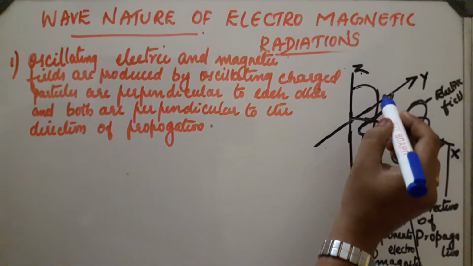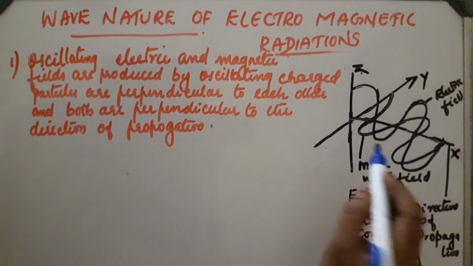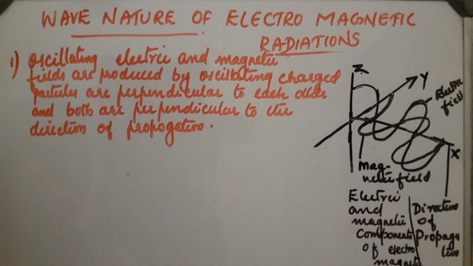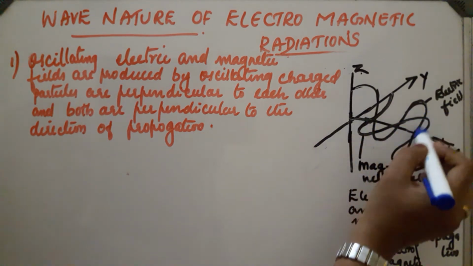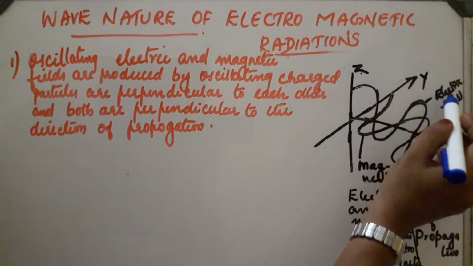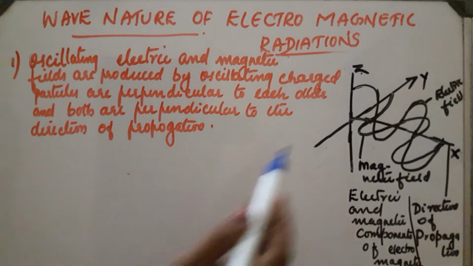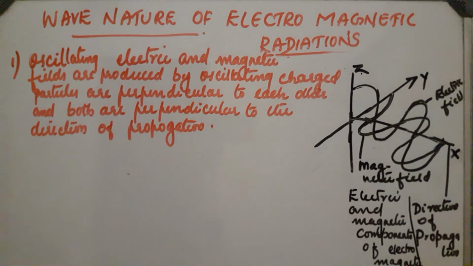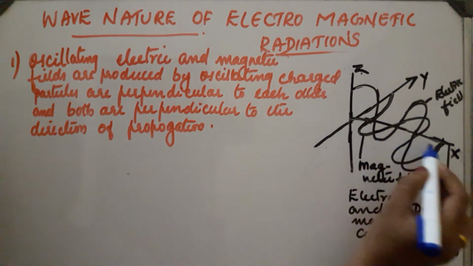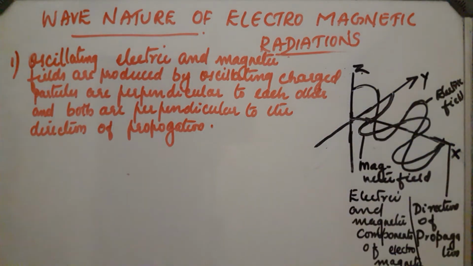From this figure we can see that the y-axis represents one component, and the z-axis represents the other, the electric field and the magnetic field, which means they are perpendicular to each other. Also the direction of propagation is along the x-axis. So these two are perpendicular to the direction of propagation of waves.